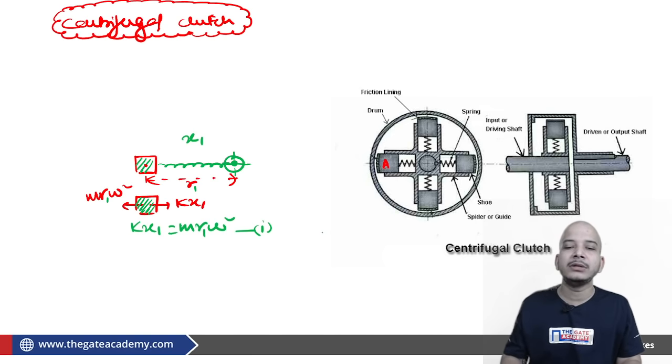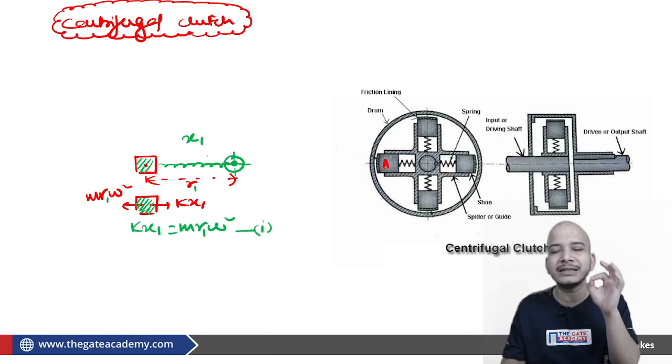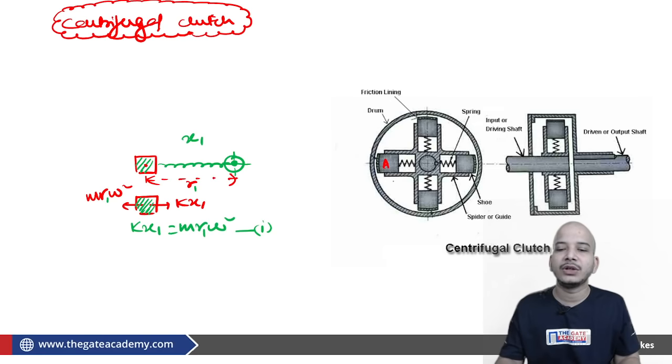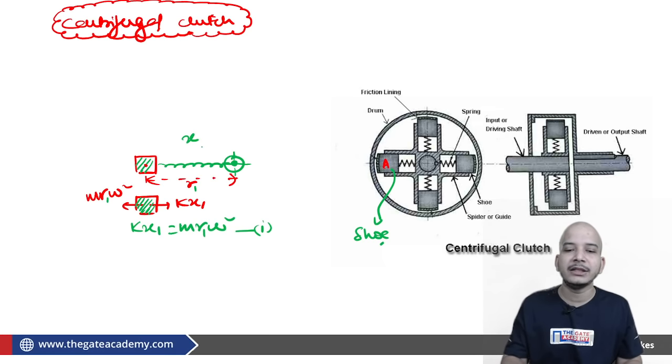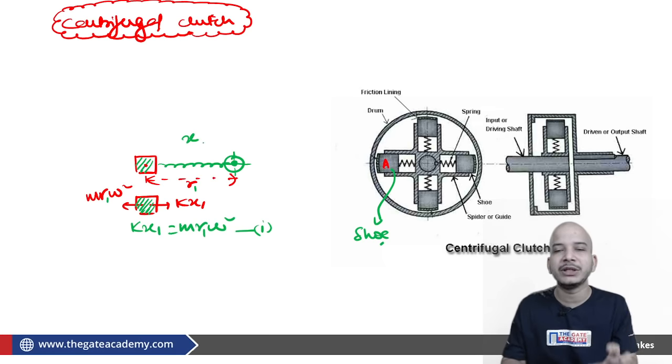Now let us talk about the position when the body is just going to touch the drum. This shoe is just going to touch the inner surface of the drum. Let's say at this position the elongation in the spring is x, and the position of the center is r.